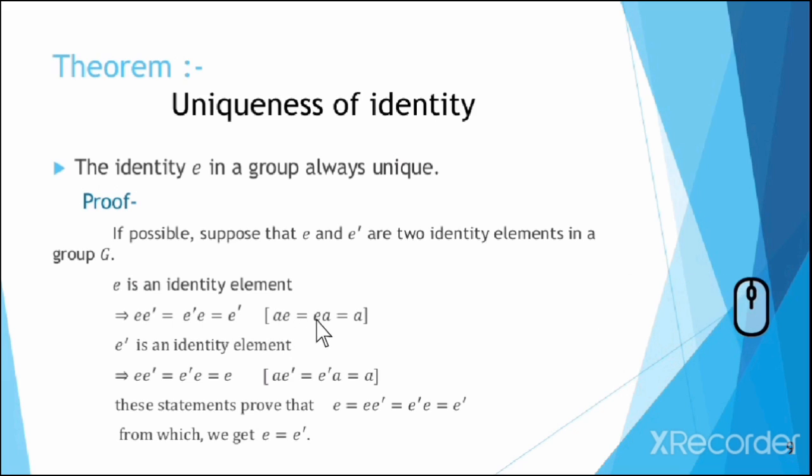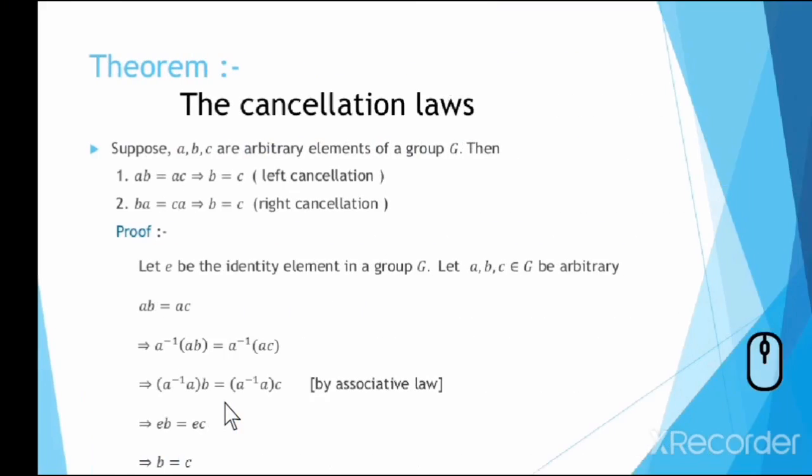I talked about this in the first lecture: if you multiply the identity with some element, it gives back the same element. Since E dash is also an identity element, E dash E is E. These statements prove that E is the same as E dash. So identity is unique in groups.